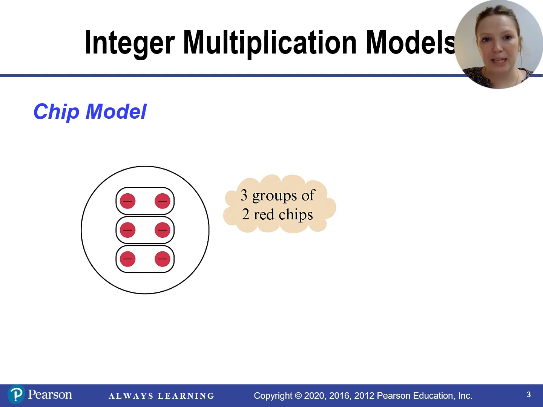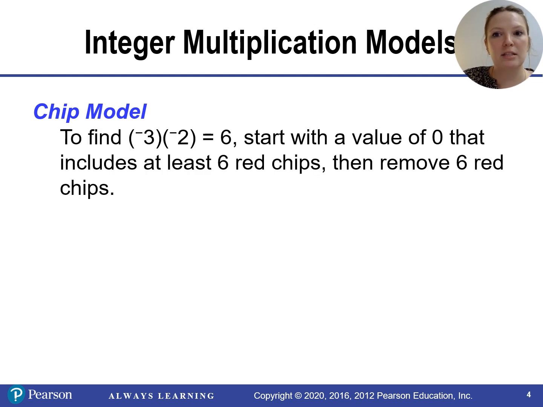And each chip is a -1. So if we wanted to find -3 times -2 and see that that's equal to +6, then we can start with a value of 0 that includes at least 6 chips and then remove 6 red chips.